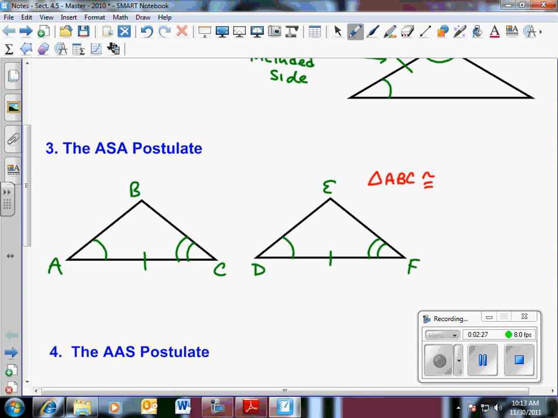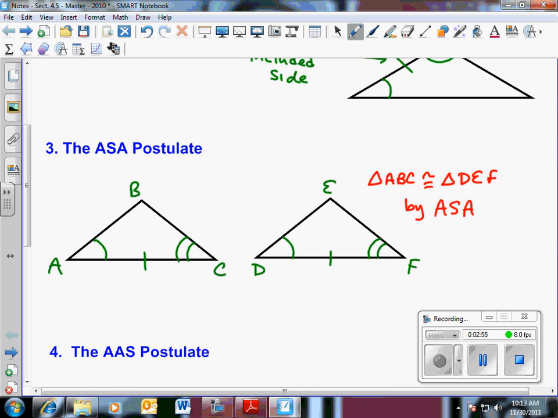What has to be the first letter of the second triangle? D. And then what's next? E. And then F. Good. These two triangles are congruent by what? ASA. Very good.